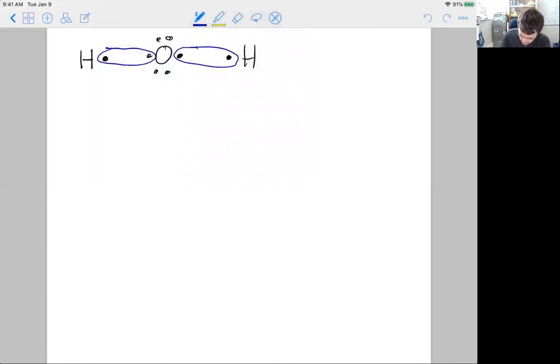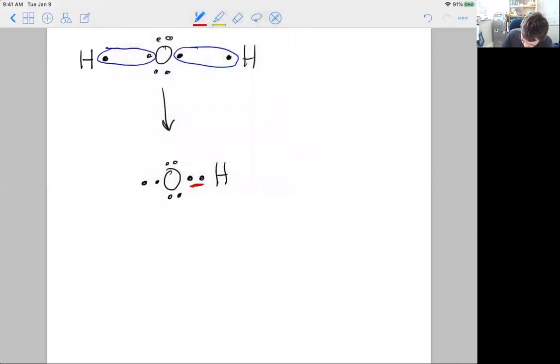unique state for this oxygen. It is now oxygen with these 2 paired up electrons that were already in its valence. And then we draw 2 electrons spread out between a hydrogen and the oxygen atom. And we can do that on either side.